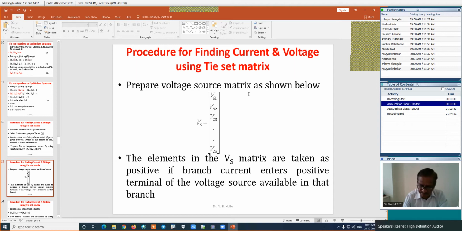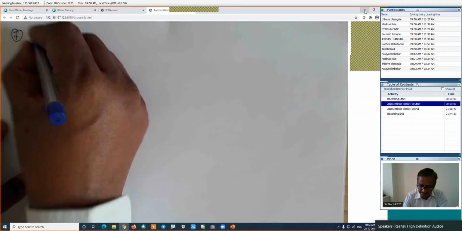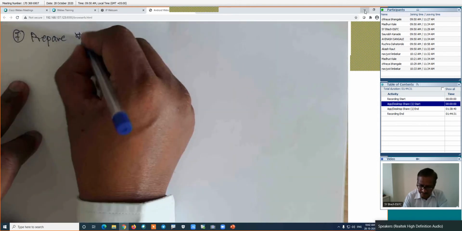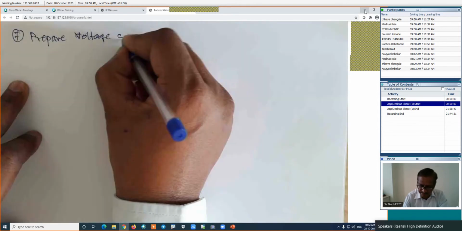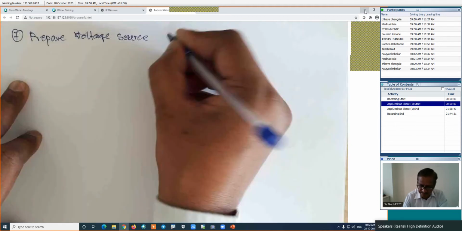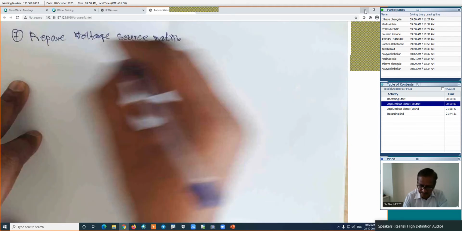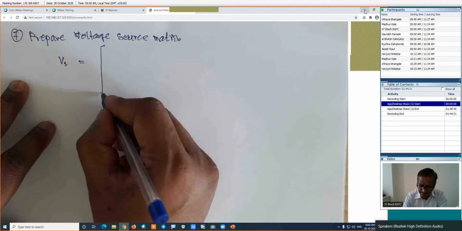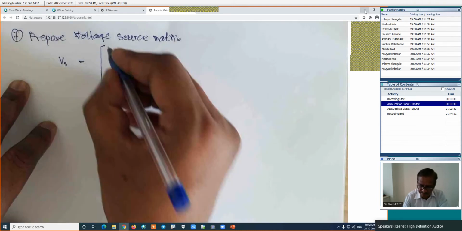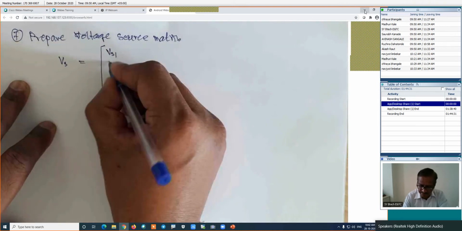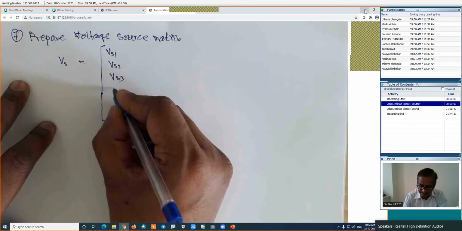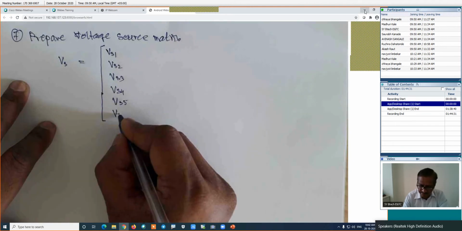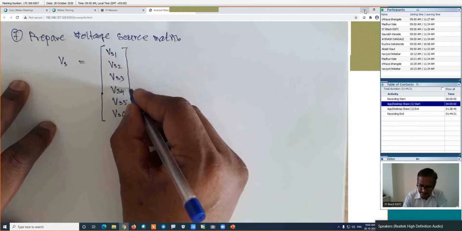Prepare the voltage source matrix Vs. How many elements must this matrix consist of? 6: Vs1, Vs2, Vs3, Vs4, Vs5 and Vs6. Why Vs6? Because we have 6 branches.